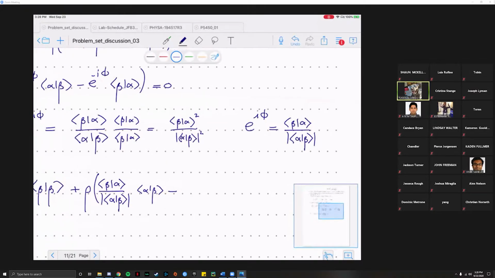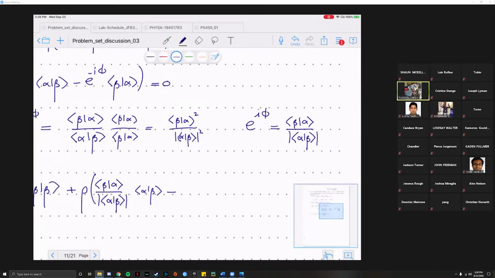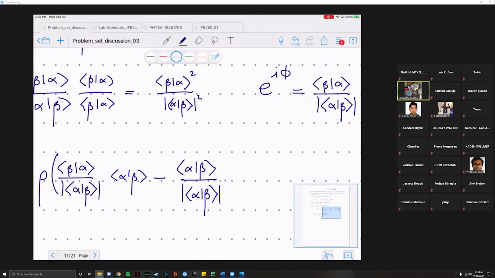This is a real number, so just complex conjugating this is just flipping the bra and the ket, right? So that's going to be alpha beta divided by the magnitude of alpha beta multiplied by beta alpha.